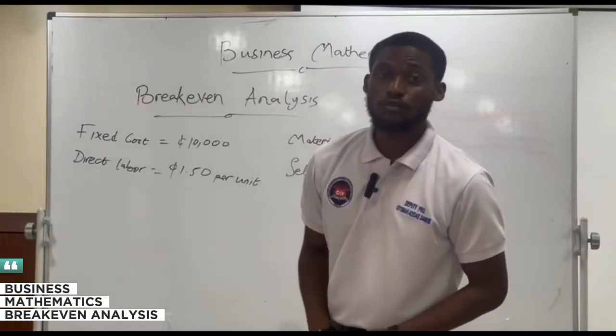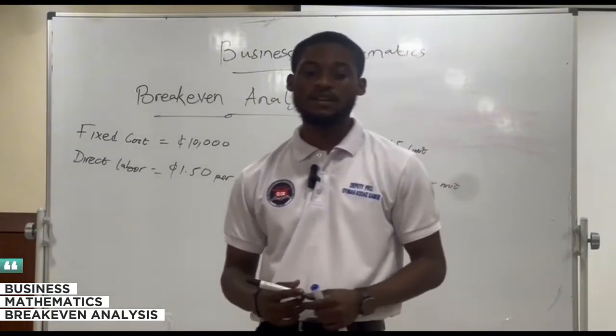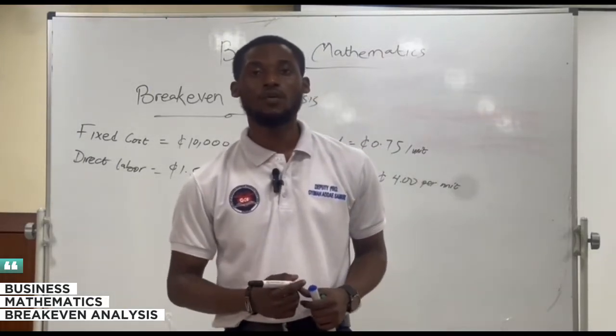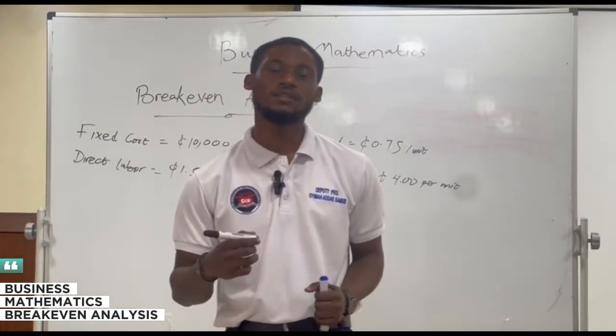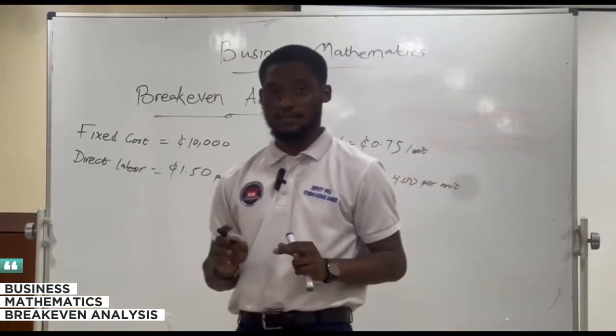Alright, so you can be given the same question to determine the value of sales at break even in monetary terms. When you are asked to determine the break even in monetary terms, the formula changes.